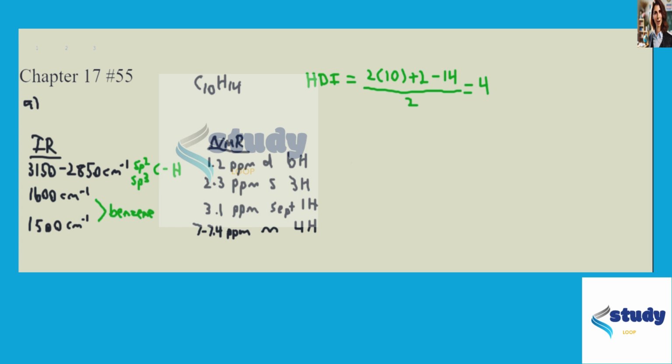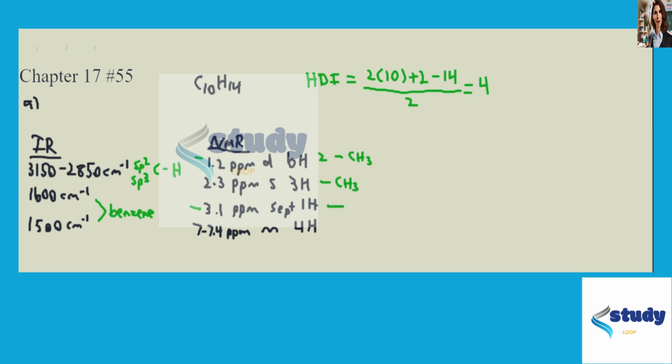Looking at the NMR data, this first signal is probably going to be 2 methyl groups. This next signal is going to be 1 methyl group, unlike the first 2, obviously. The third signal integrates to 1. If we look at the first signal and the third signal, they're splitting each other.